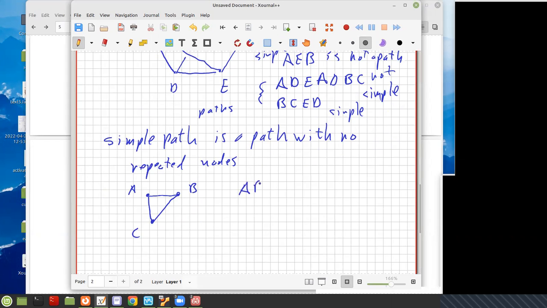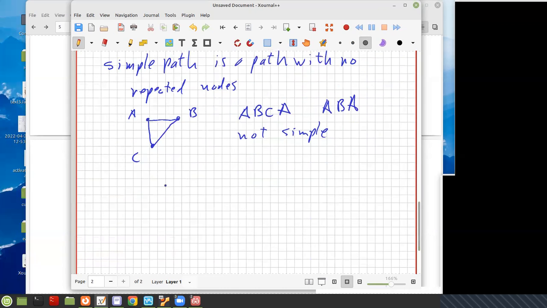Then A, B, C, A repeats the nodes. Also A, B, A. It goes from A to B and back again. These are not simple. Okay, on a directed graph, a path has to follow the directions.